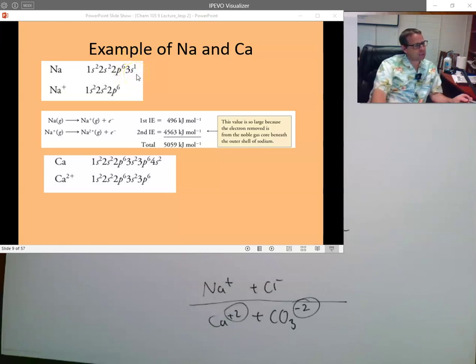What do we call that electron, Alyssa, in this case? The electrons in the electron configuration that have the highest N value, what do we call that? The valence electrons. That's right. So how many valence electrons here, Alyssa? One. That's right. And so sodium is going to want to form a +1 charge to get rid of that valence electron. Very good. Calcium here, 2 valence electrons, and it's going to want to form a +2 charge.